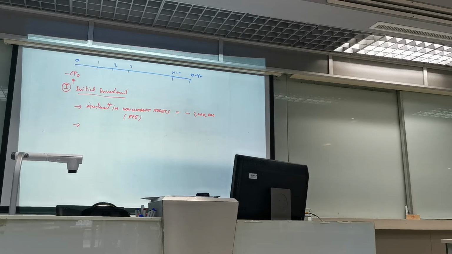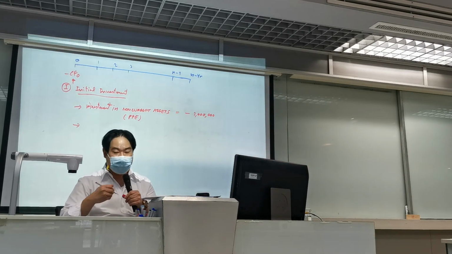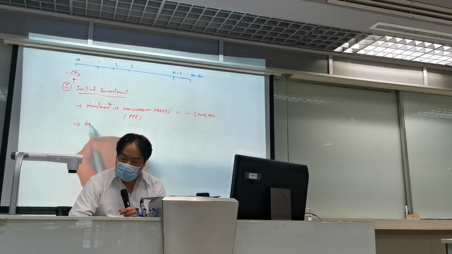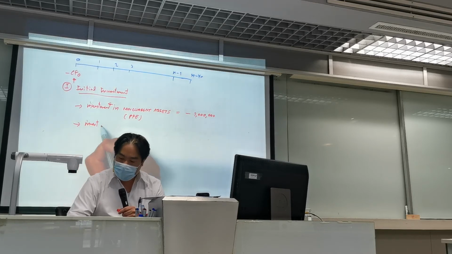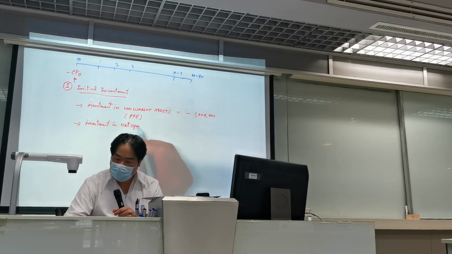These are the long-term assets only. I never have inventory, the food on the plate, yet. Inventory is part of what we call net operating working capital. So you need to invest in what we call net operating working capital.